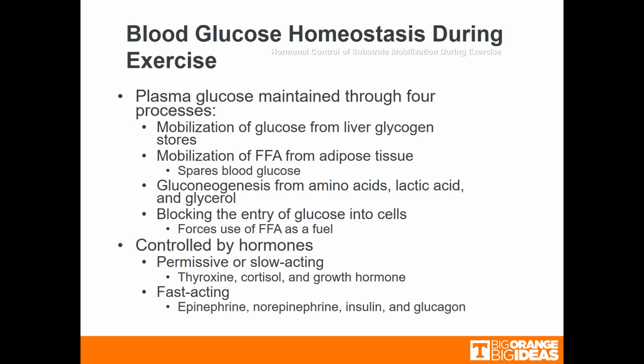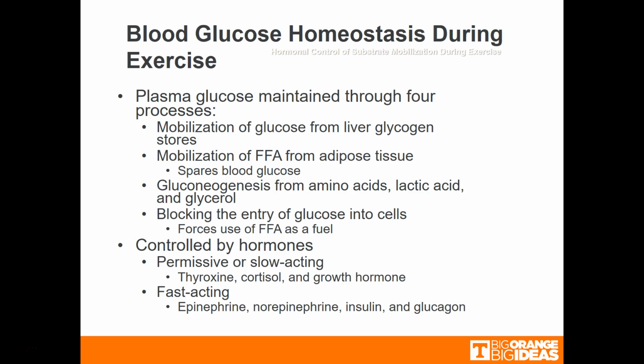So in terms of plasma glucose maintenance, there are going to be 4 different ways that we achieve that. Mobilization of glucose from the liver glycogen, so that's going to allow more glucose to enter the plasma. You're going to have mobilization of free fatty acids, which is going to spare the use of blood glucose. You'll have gluconeogenesis, so the creation of new glucose in the liver via the Cori cycle.